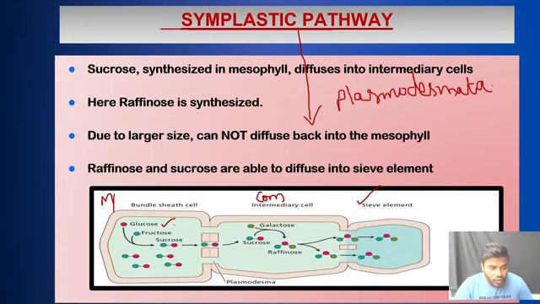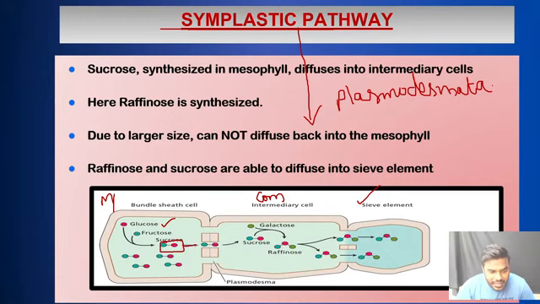Now glucose and fructose combine with each other, and they give rise to what, friends? Sucrose. Friends, the question here is how does the sucrose start moving from the mesophyll or bundle sheath cell towards the companion cell?